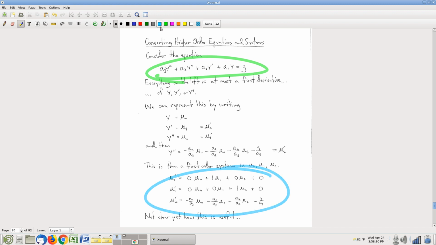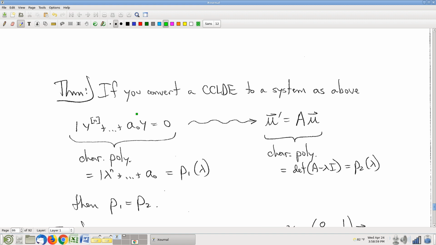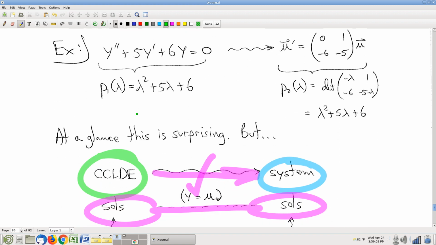Specifically, if I have a vector that solves that system, then y, the first coordinate of that vector, will solve the original equation, right? So when I say that these have the same solutions, what I mean is, with the understanding that the solution to the one is the first coordinate of the solution to the other. So when I do this conversion, the solutions are the same, interpreting appropriately.